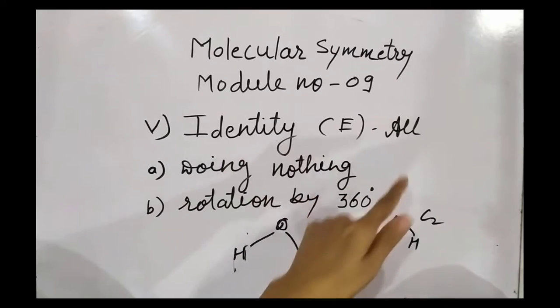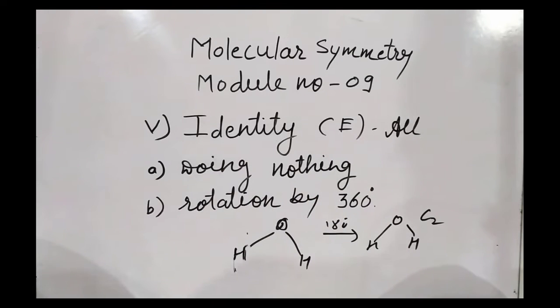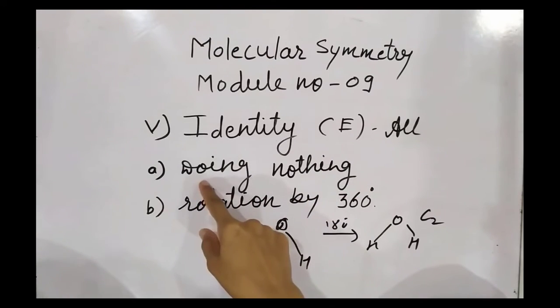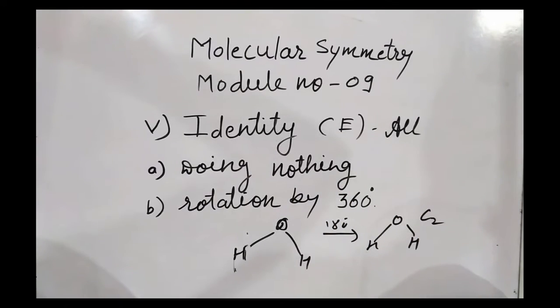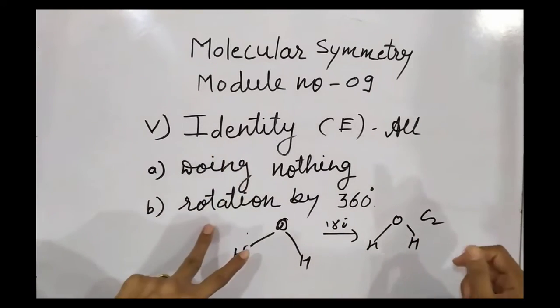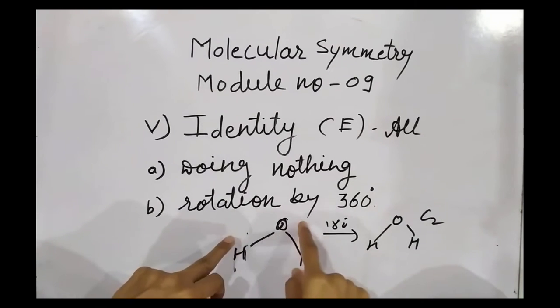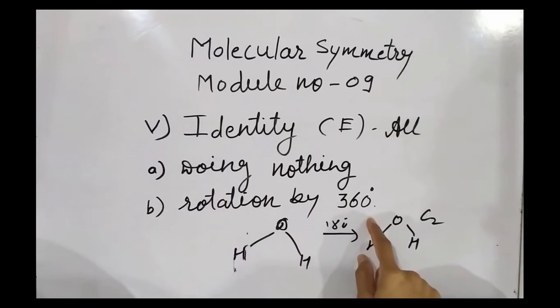Hence, the identity operation is defined as a do-nothing operation. And the second way to define identity is rotation by 360 degrees.